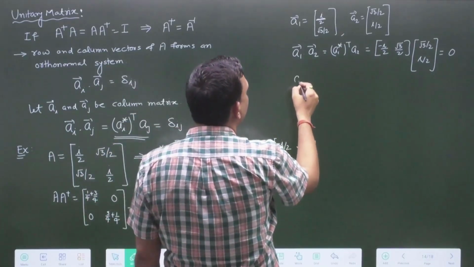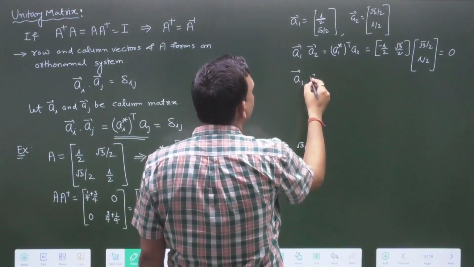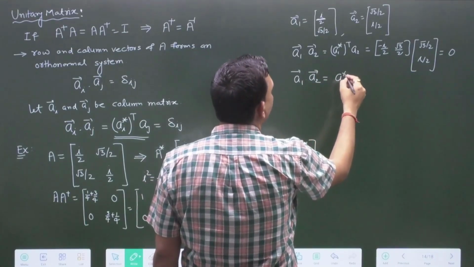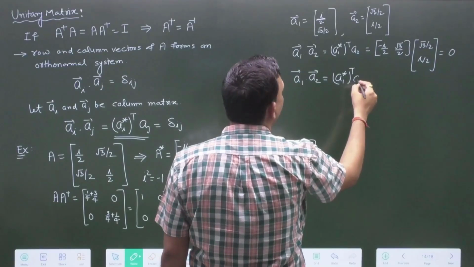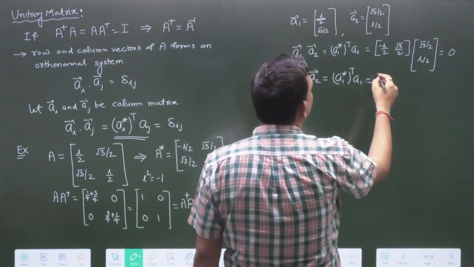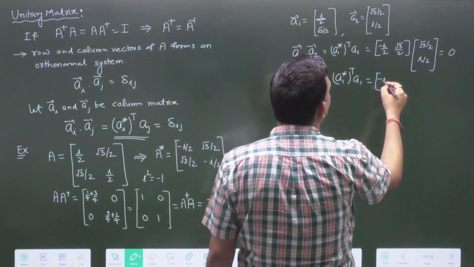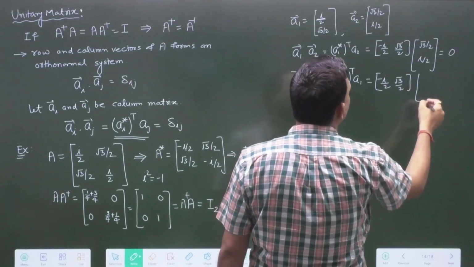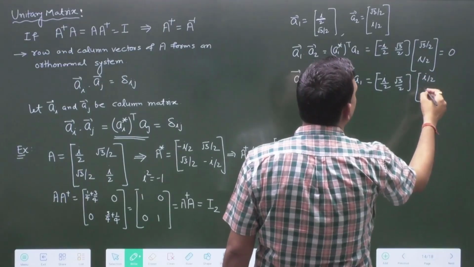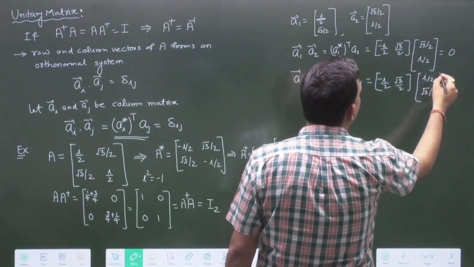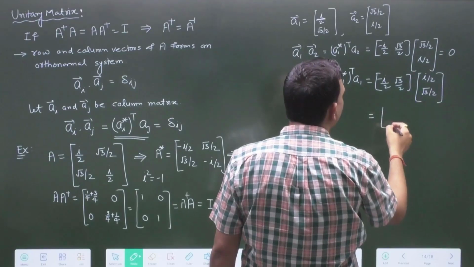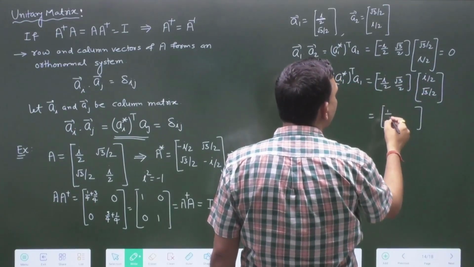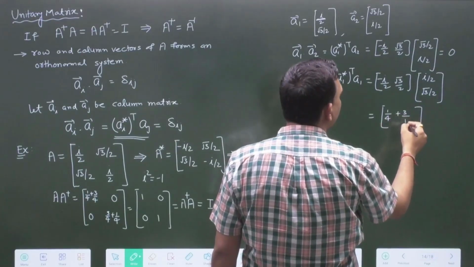And what will be A1 dot A1? This is A1 complex conjugate transpose A1. So minus iota by 2, root 3 by 2, times iota by 2, root 3 by 2. You will get a single entry. Iota square is minus 1, so 1 by 4 plus 3 by 4.